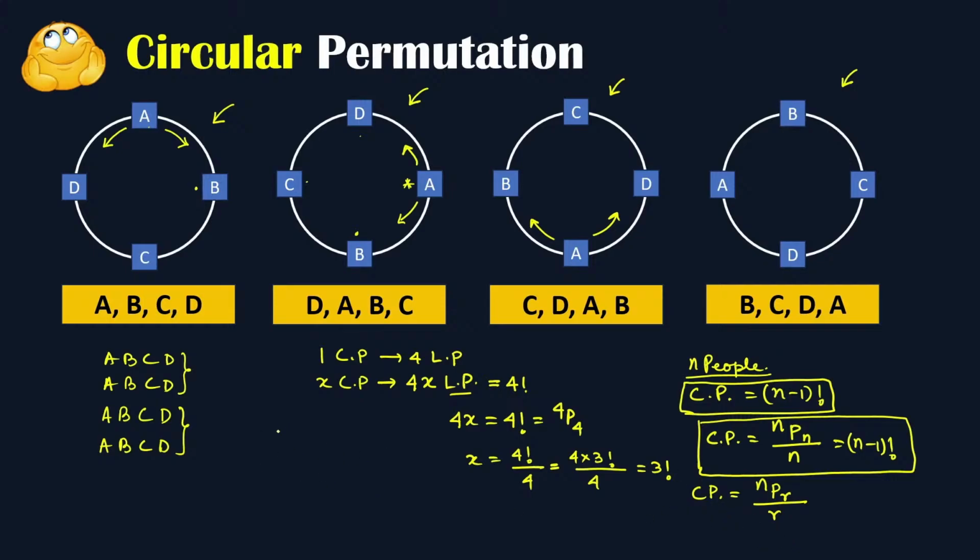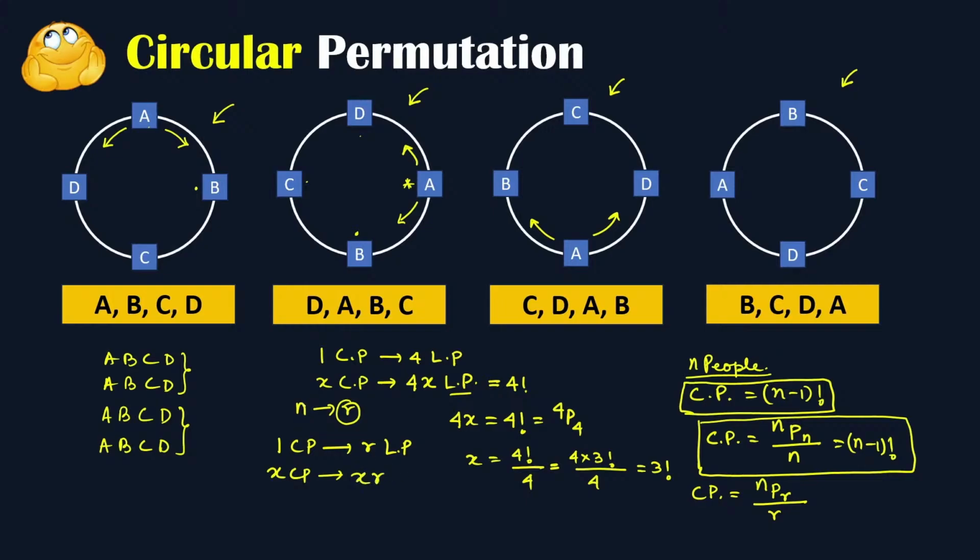You see, out of n people you have chosen r people. So actually you are arranging r people around the circular table. For one circular permutation, there will be r linear permutations. So if there are x such circular permutations, then the total linear permutations will be xr.